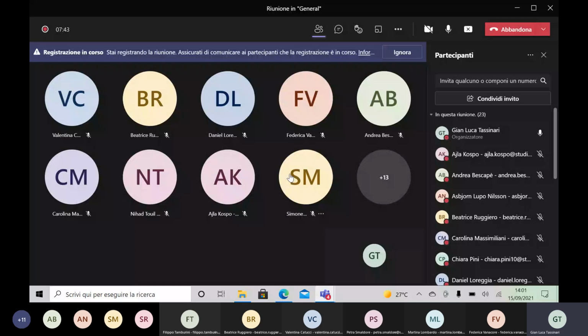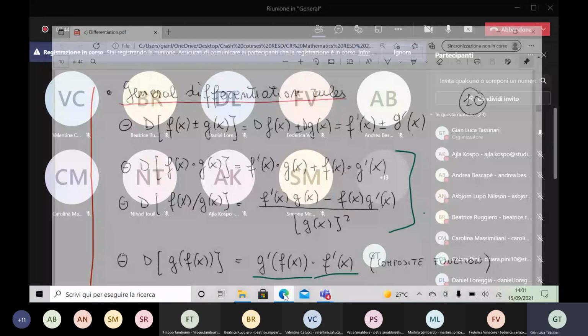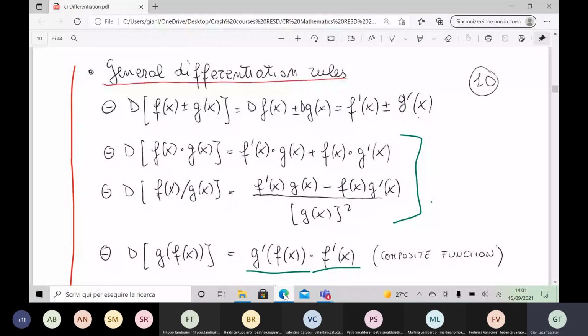I am already sharing my desktop, so I hope you are able to see page 10 of the file differentiation, which is general differentiation rules. If you do not see my desktop, please let me know. Thanks.